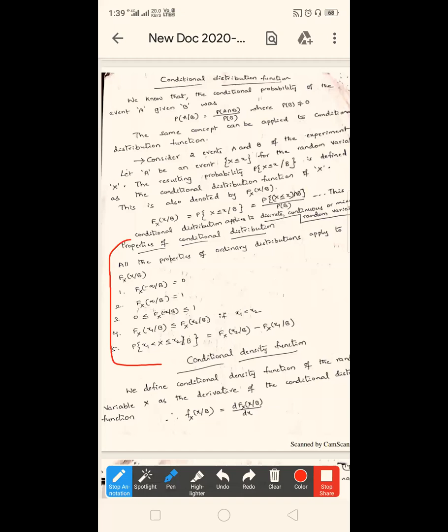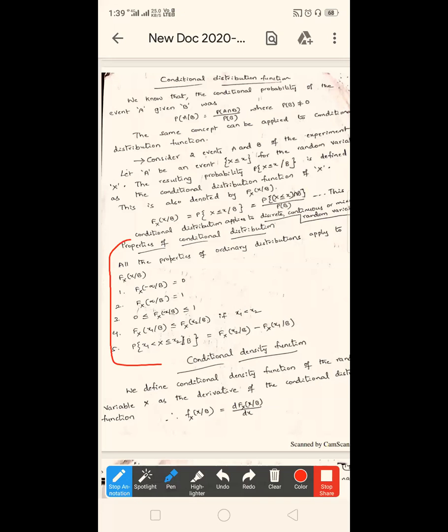Already I explained the classification of random variables: continuous, discrete, and mixed. For all these types of random variables, the conditional distribution function concept can be applied. Okay, now let us see the properties.